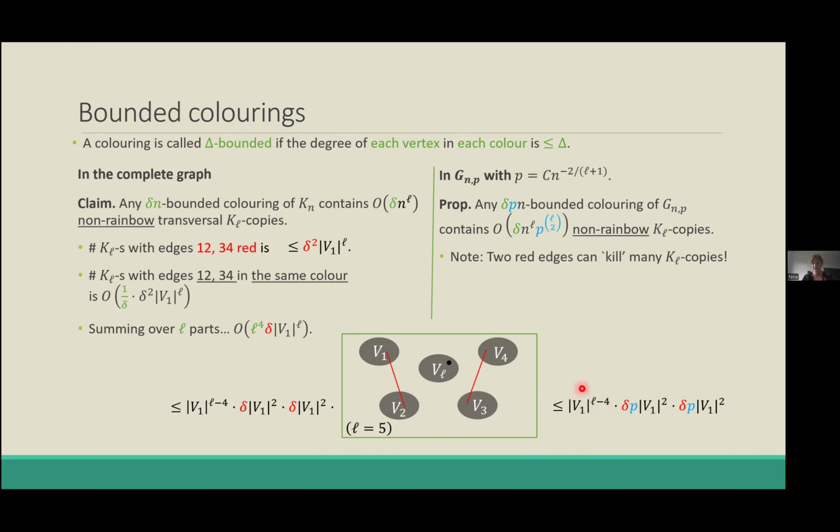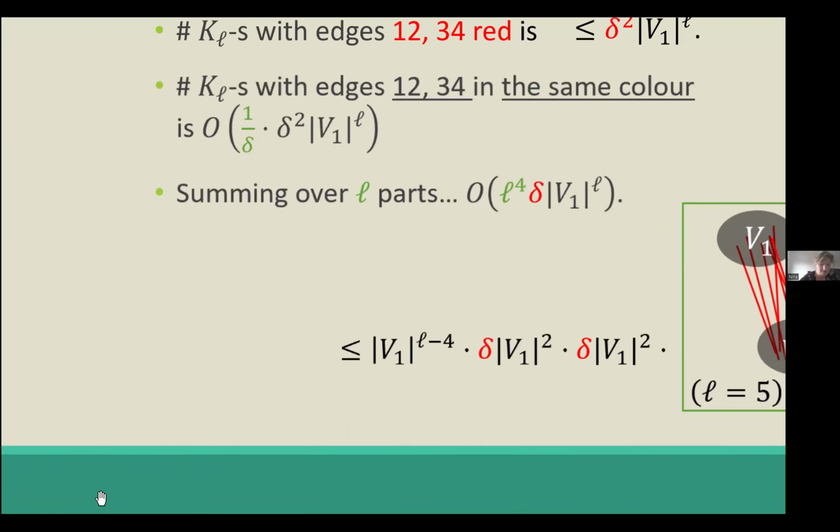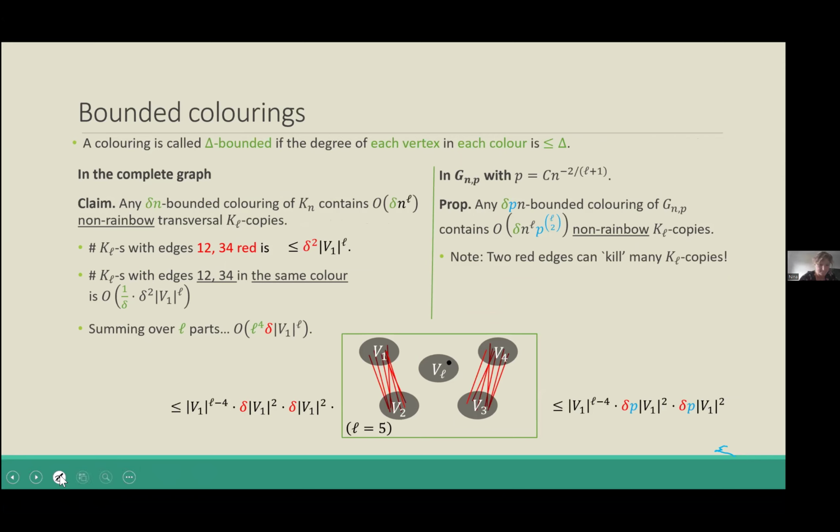But here, the problem is that we are missing a crucial factor that we would like to have, which is P to the L choose 2 minus 2.